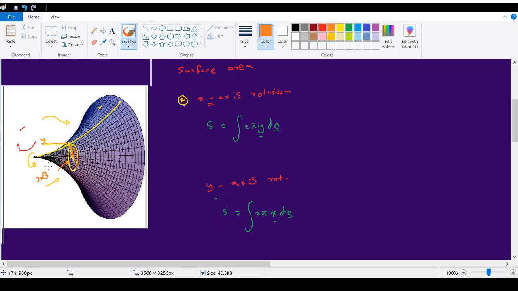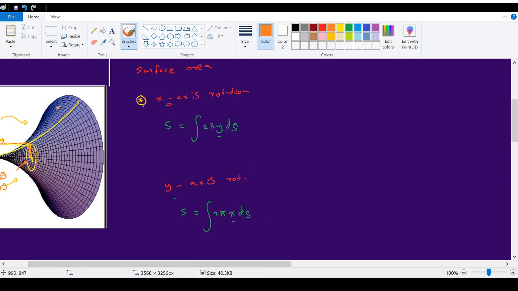So we have this 2 pi y term. Like that you can remember this formula, because if you write 2 pi x for the x-axis rotation, then it is wrong.